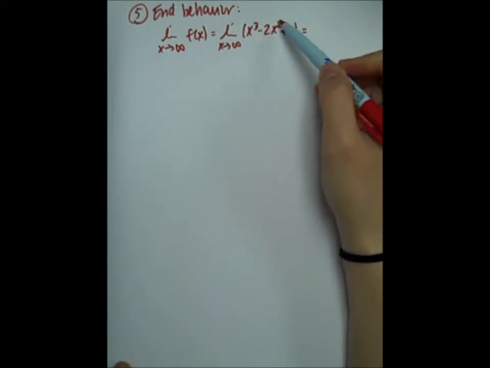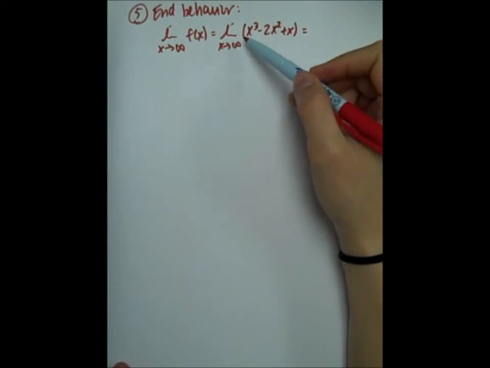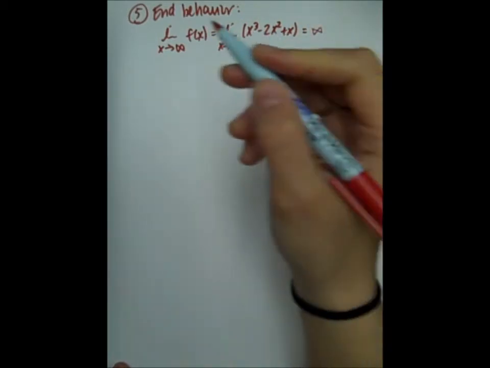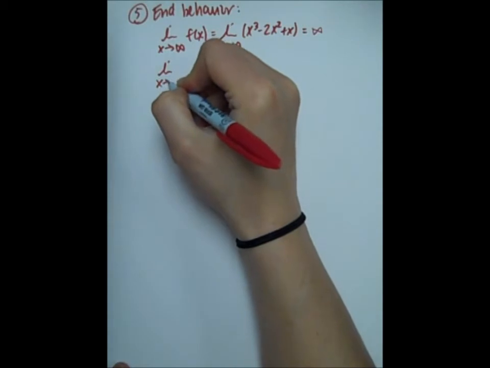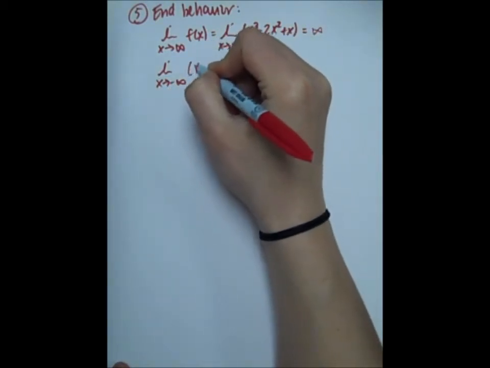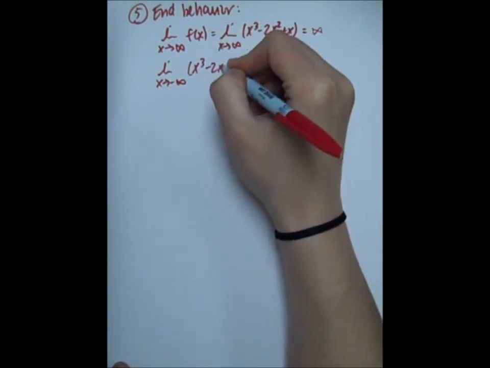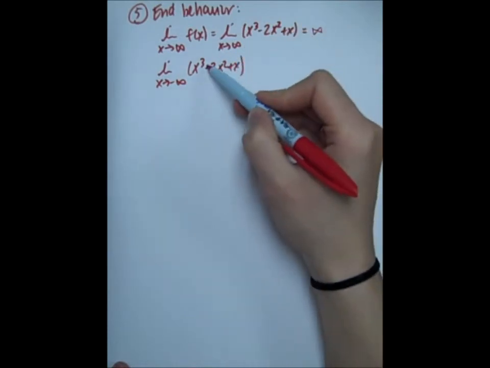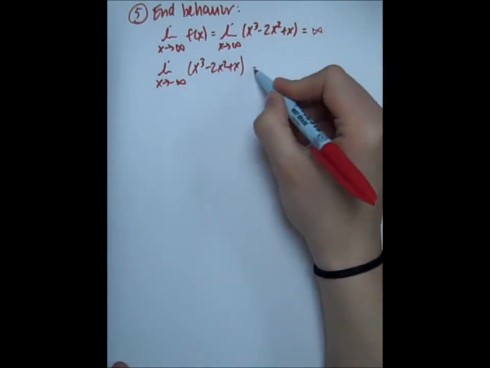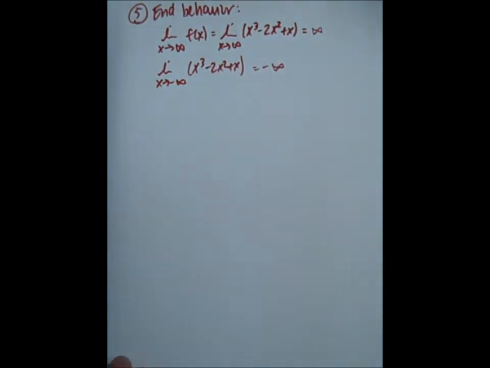Whenever I had just a polynomial as x approached infinity, this was infinity. And now I look for negative infinity. Here the power is odd, so this is going to approach negative infinity. And since this function is always defined, there aren't going to be any asymptotes, so we're not going to bother with looking for those.